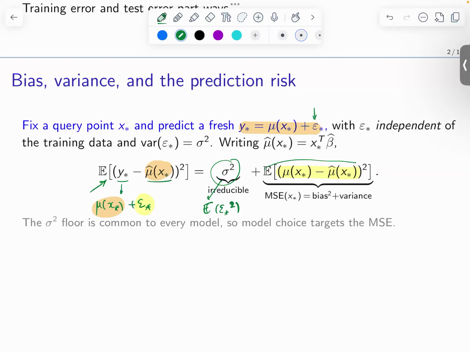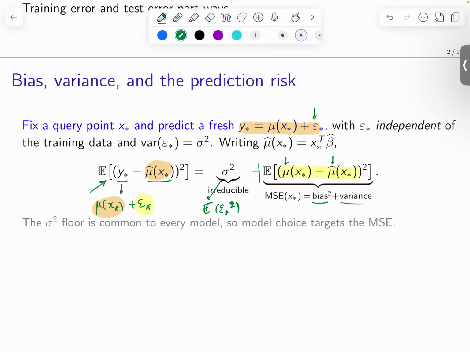I mean, this could be zero, but this can't be zero. This is very different from the training error, which can be driven down to zero. And this other part is what the models can really work with. You can think of it as the MSE, mean squared error, between the true regression function and the estimated regression function. And as we'll see, this has an interesting decomposition into a bias squared plus a variance term.